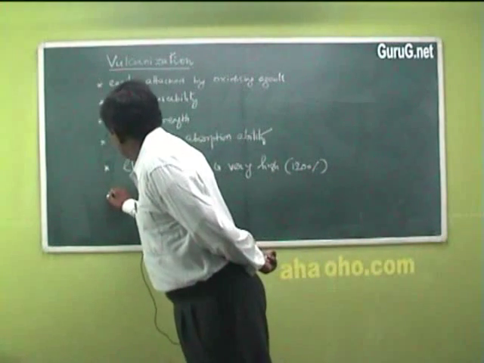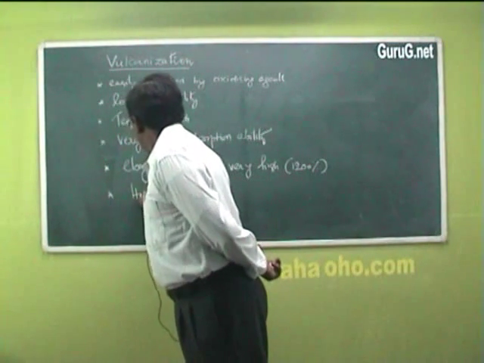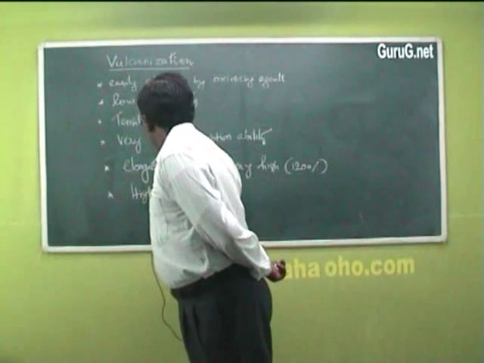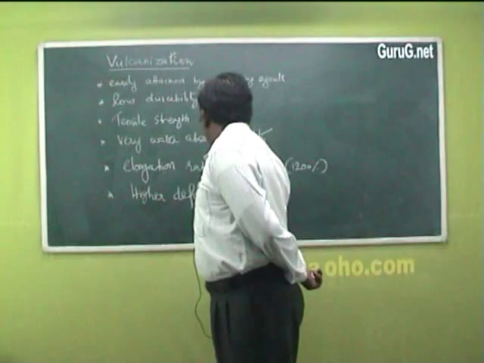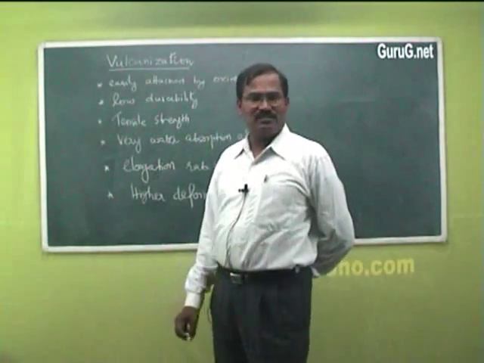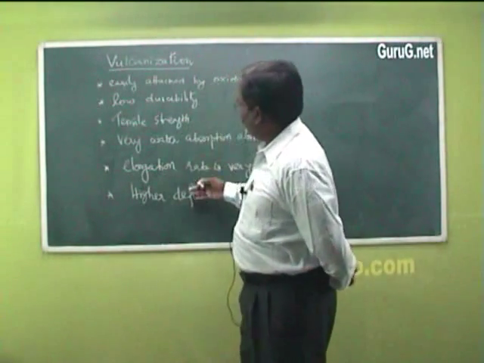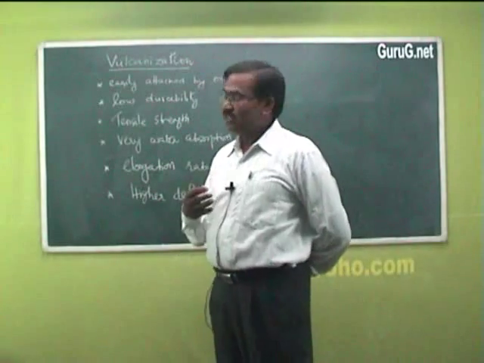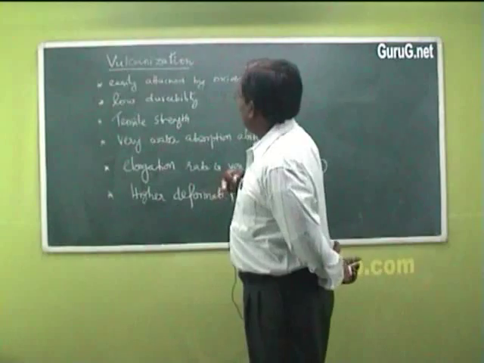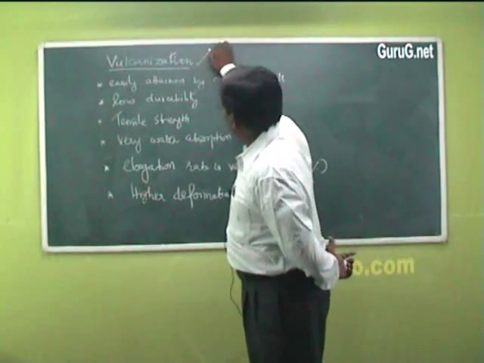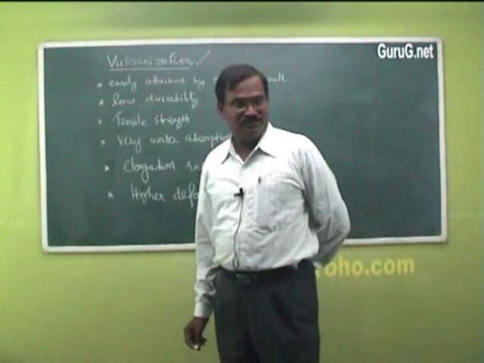That is higher deformation. The shape of the material is not permanent. So in order to avoid all these defects which we are seeing with our raw rubber, let it be natural rubber or synthetic rubber, it is taken for a wonderful technique called vulcanization.